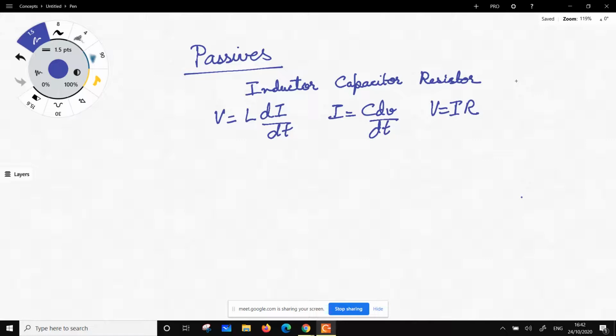A capacitor opposes the rate of change of voltage; that is capacitance. An inductor opposes the rate of change of current; that is inductance. So these are the three relationships.